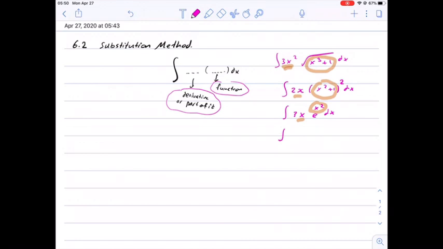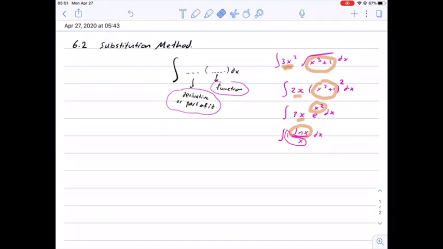Another problem that may be solved using the substitution method: the integral of natural log of x over x dx. The function is natural log x and its derivative is 1 over x. This is the derivative.